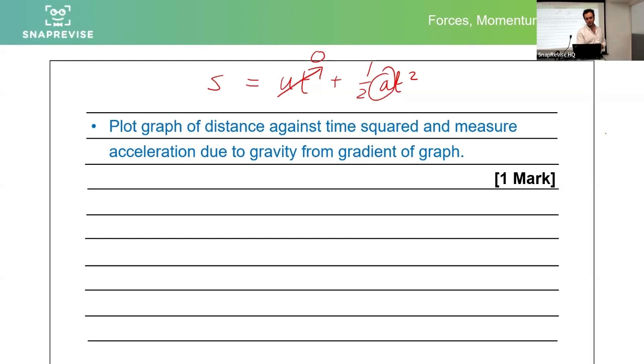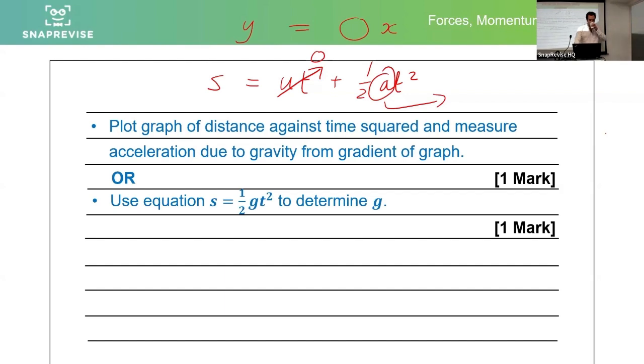It should be g, but our experimental value might be different. So if we plot s on the y-axis against t squared on the x-axis, so y equals something times x, that something should be equal to half g. So just say, use that equation to determine g.